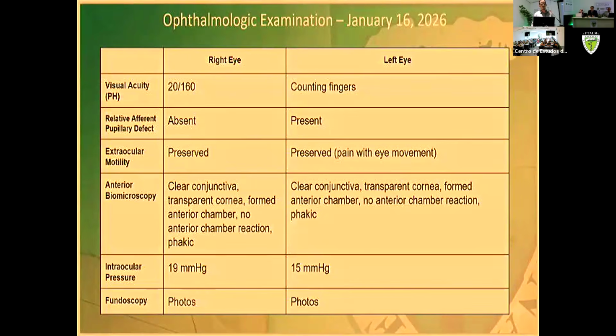The extraocular motility was preserved in both eyes, and the anterior biomicroscopy was unremarkable in both eyes, with a clear conjunctiva, transparent cornea, formed anterior chamber with no reaction, and he was phakic. Intraocular pressure was 19 millimeters of mercury in the right eye and 15 in the left eye. And for fundoscopy, I will show some photos.